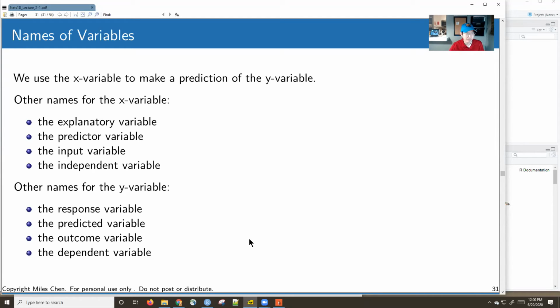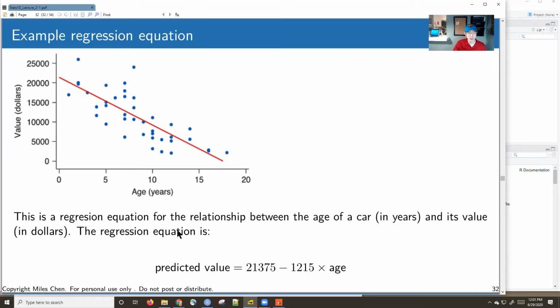I think explanatory and response are my favorite choices there. All right, so here's an example. We're looking at sale prices of cars and the values of cars, and we're looking at how old these cars are and how much money they are worth.